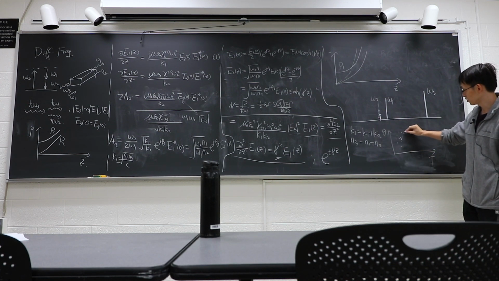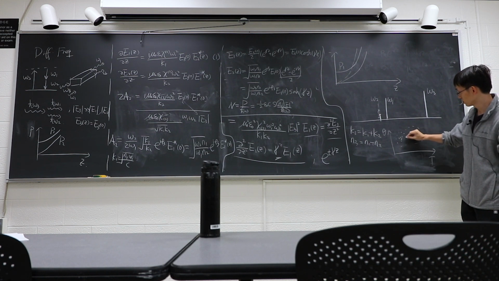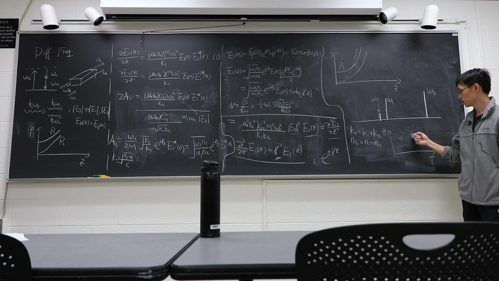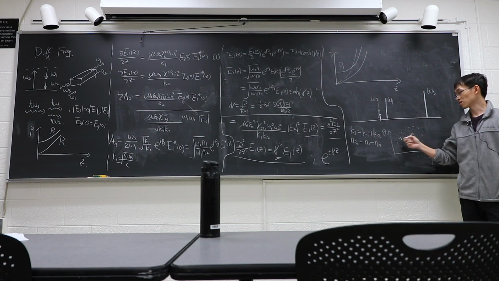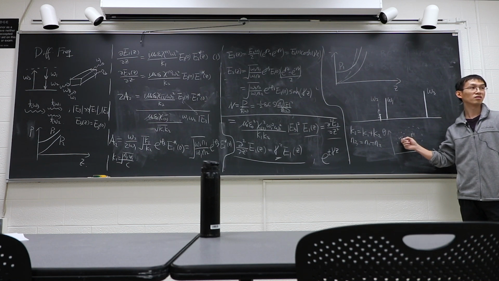But there could be 2 kinds of maximum. One is the real maximum, the global maximum. Some could be local maxima, so you can be trapped here.